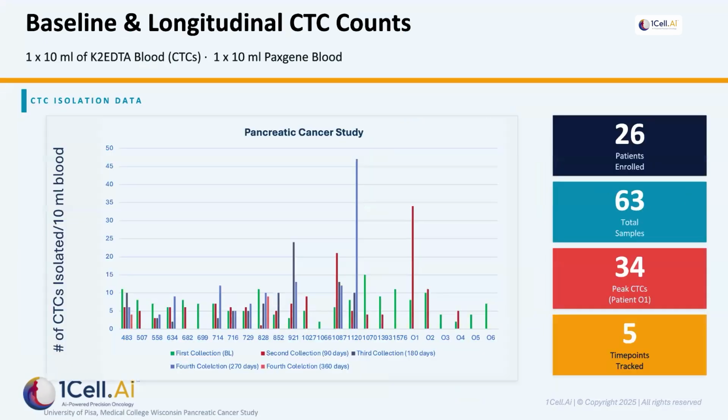Next slide, please. So altogether, we now have 26 patients, 63 total samples, and 5 time points tracked. And remembering that we're looking both at CTCs and ctDNA, and we're also continuing to expand this project.